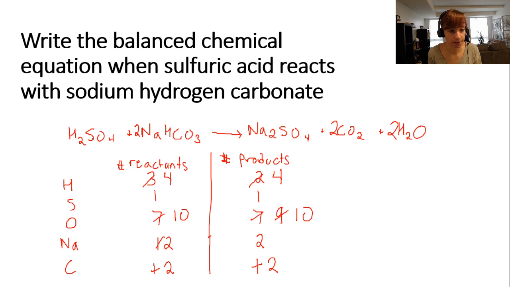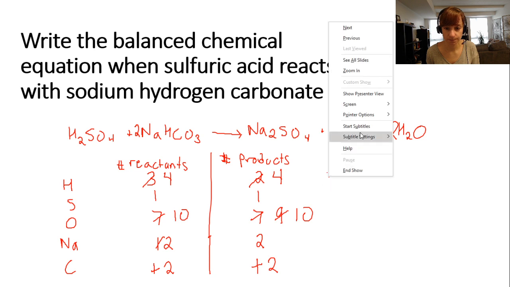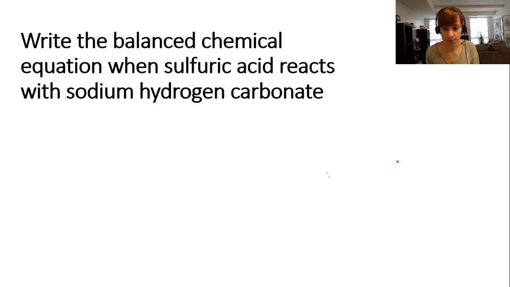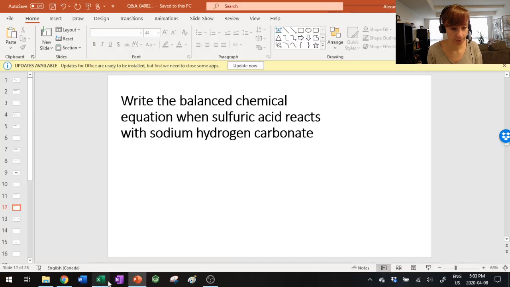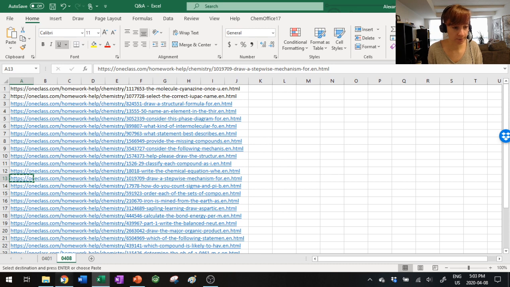So you just want to double check your numbers, make sure we have 2 sodiums, 1 sulfur, 1 sulfur, 2 carbons, 2 carbons, 4 hydrogens, 4 hydrogens, and 10 oxygens, 10 oxygens. So now the equation is balanced.